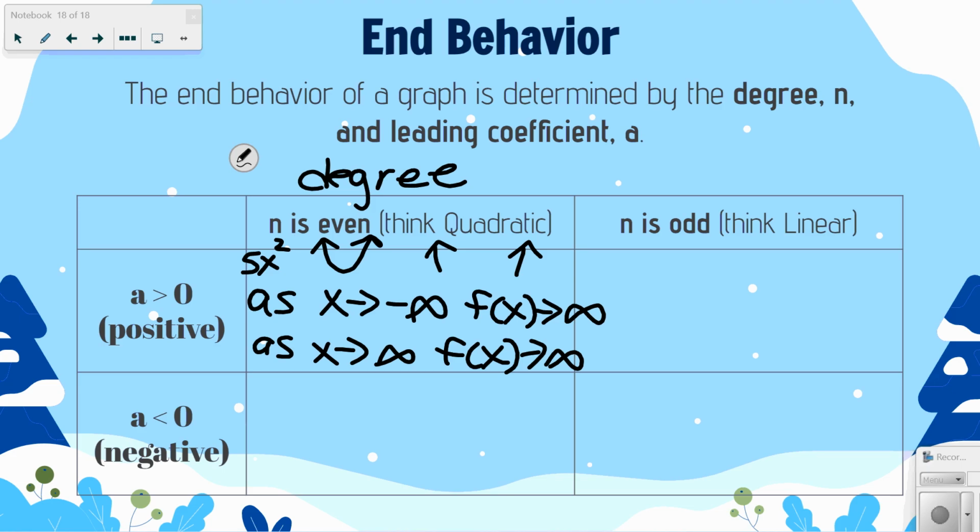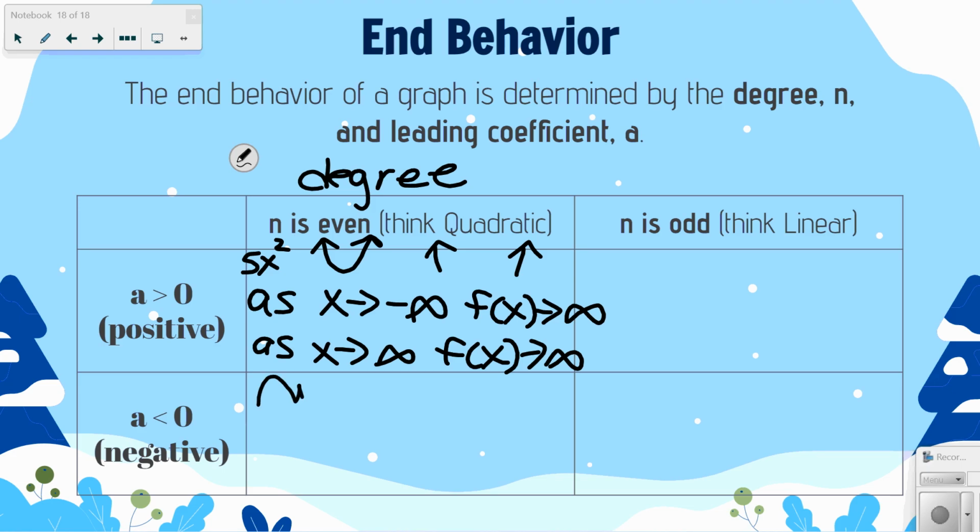What about when my degree is even? So still think about a quadratic, but my a value is negative. What transformation happens when my a value is negative? It flips over the x-axis. So now my U is an upside down U. So where are both my ends going? Down. Both going down.